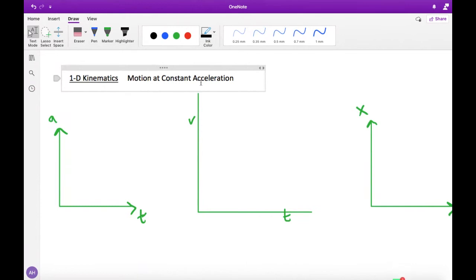Your audio's off, Ashton. We can't hear you.